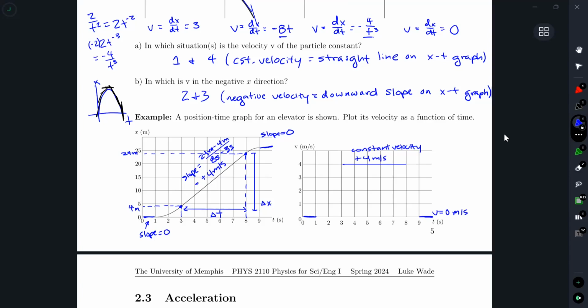Just tell me about how the slope is changing. So from 1 to 3 seconds, how is that slope changing? It's speeding up. Yeah, so the slope is getting larger and larger. And so we can at least say from 1 to 3 seconds, my velocity is increasing.